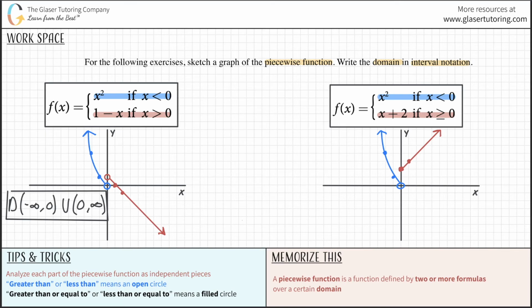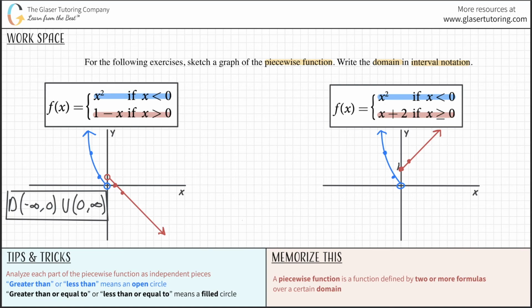Now when we have to state the domain, we have to think about what the restrictions on x are. This part can go all the way out over time to negative infinity. We also know that this rightmost part can go all the way out to positive infinity. What about the part in the middle, at 0? Don't get too bogged down with this.